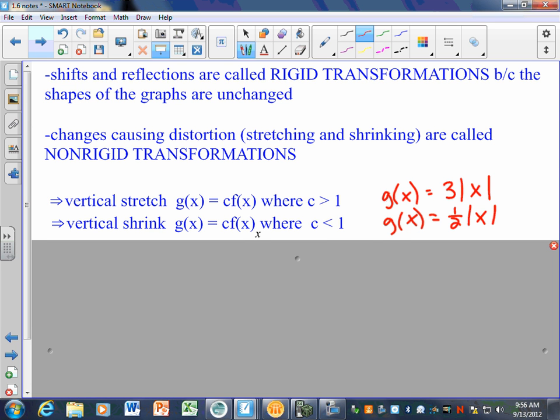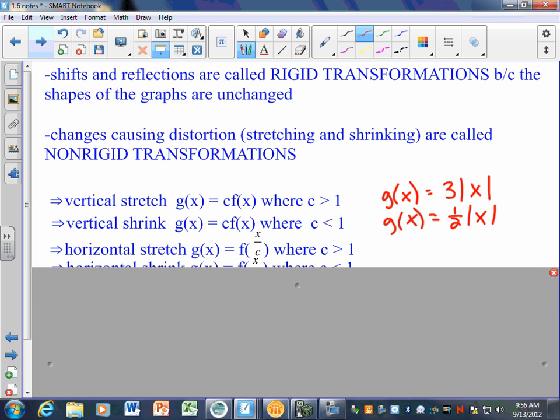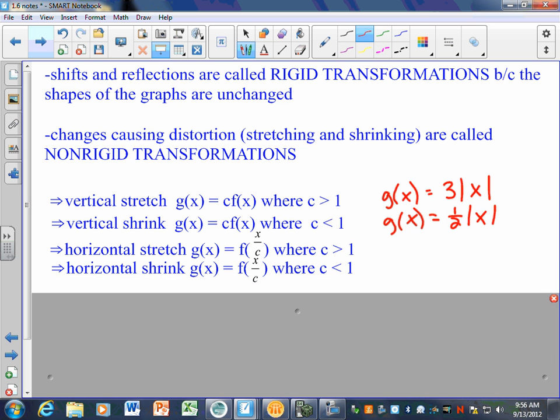And so if outside means a vertical stretch or a shrink, it should make sense that if the number's multiplied inside the function, that's going to change this horizontally. And notice, I like the way the Algebra 2 book writes this a lot better than the way your textbook writes this, but I want to give it to you the way that it is in your book. They write this as x over c, where c is in the bottom of a fraction already.